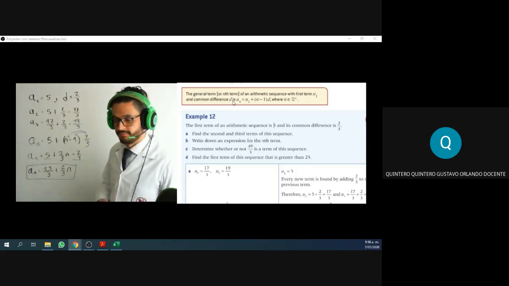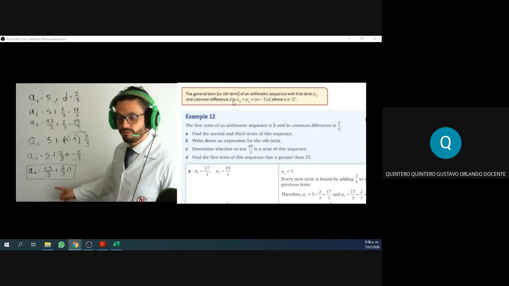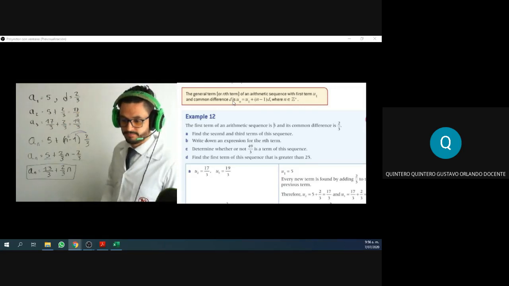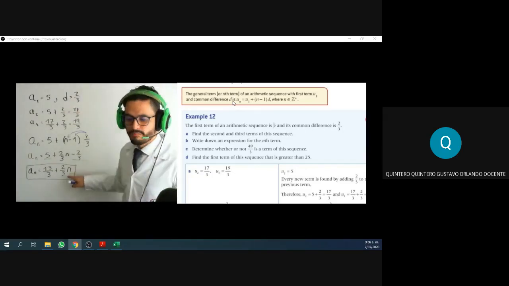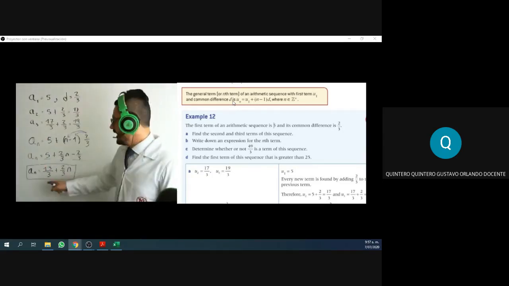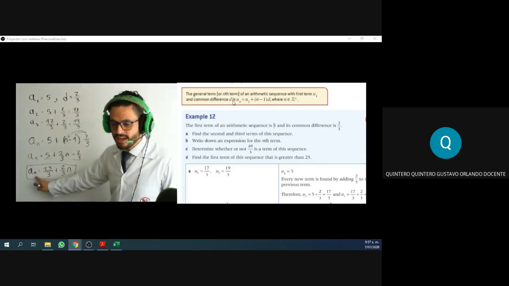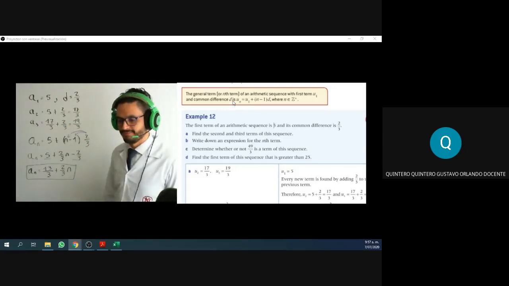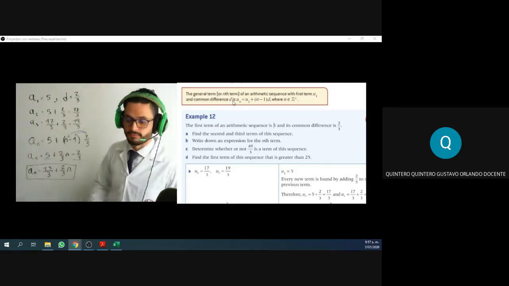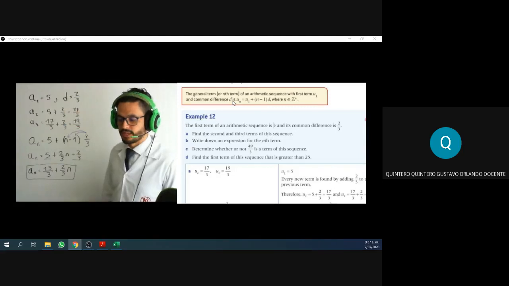Or we can use the formula. All we have to do is replace n with numbers from 1 to whatever. If this formula gives 49 over 3, then we are good, because 49 over 3 is a term of the sequence, right?